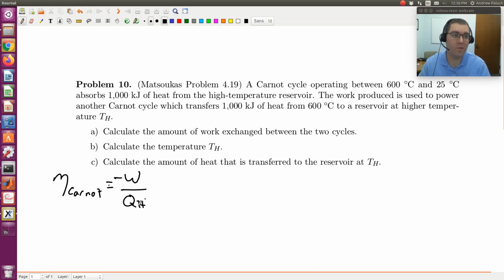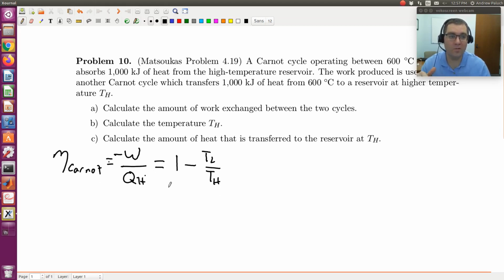You could derive these relationships in the text, but just think desired output over required input. And for the Carnot cycle, we get the special equation that's equal to 1 minus TL, the temperature of my cool body reservoir, divided by TH, the temperature of my hot body reservoir. So TH, that hot body, is supplying the required heat. Okay, cool.